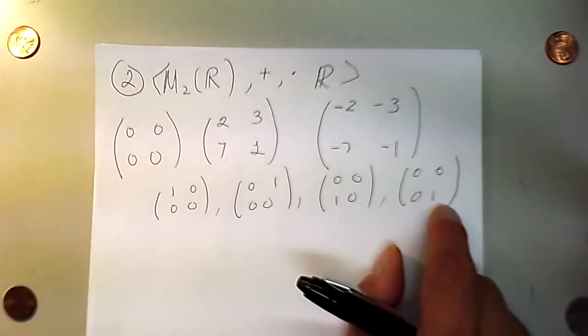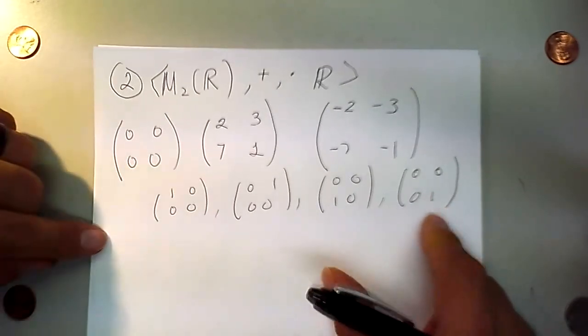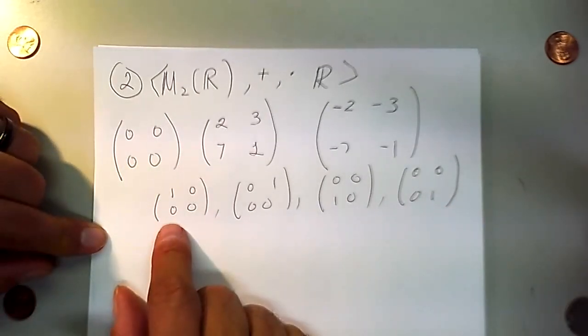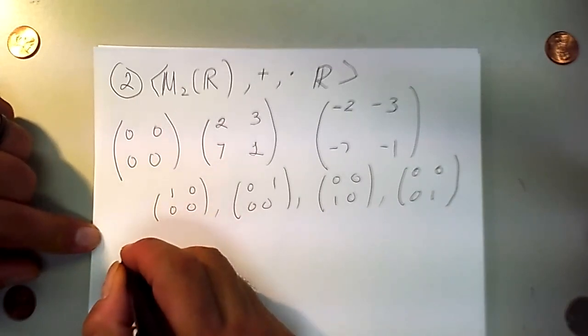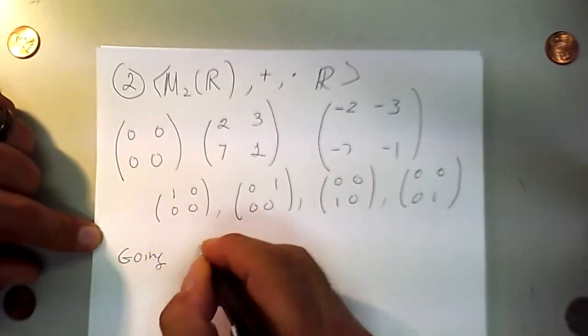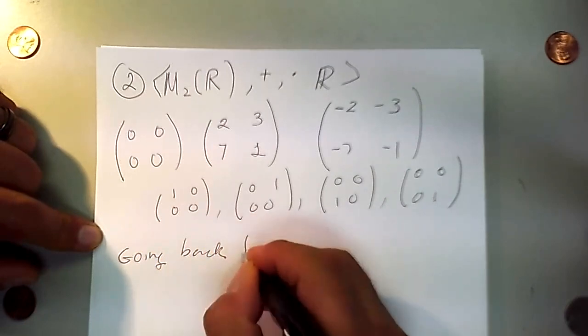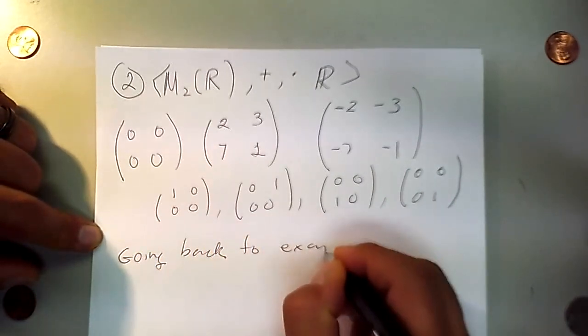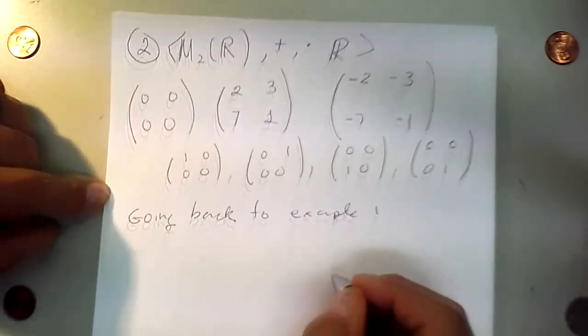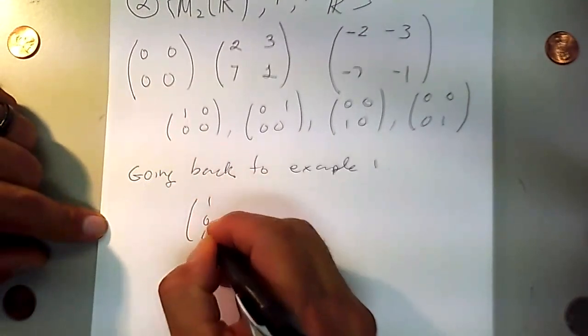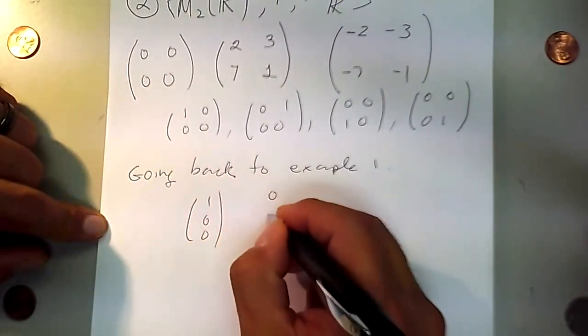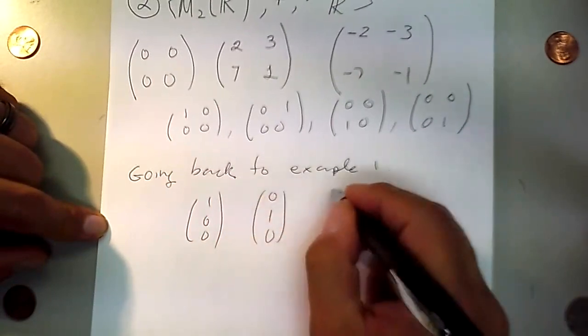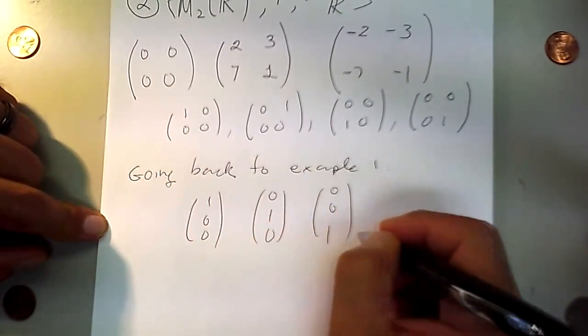Now, it doesn't hurt to review what we mean by linearly independent. So let's go back to example 1. Why do we say 1, 0, 0, 0, 1, 0, 0, 0, 1 are linearly independent?